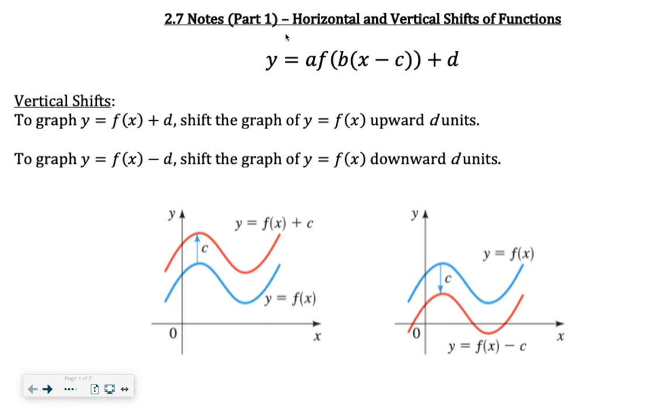So in this big setup here, if we have a value here, this is a horizontal shift. And if we have a value here in our function, that is a vertical shift.